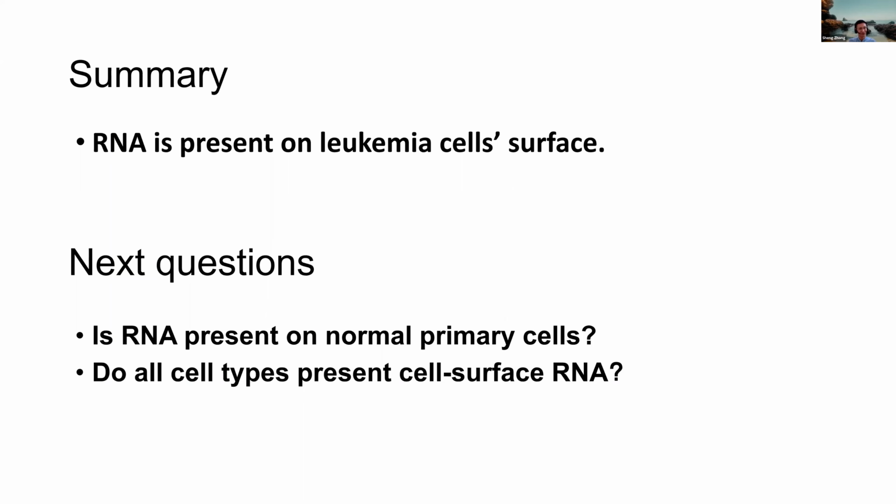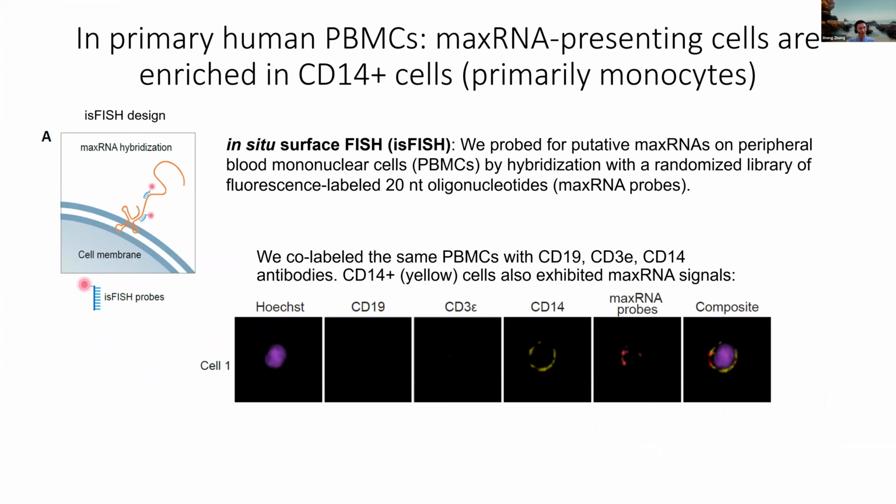Our next questions are: is RNA present on normal primary cells from humans? And do all cell types present surface RNA? In order to test whether RNAs are present on normal primary cells, we needed a way to crudely label the cells that may present surface RNA. We developed a technique which we call in situ surface FISH.